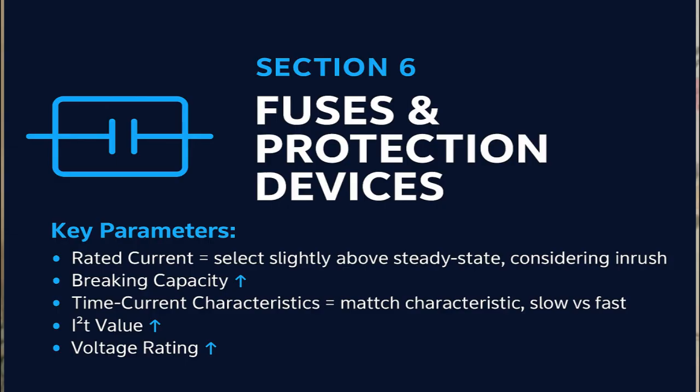As you might have seen in your home or any place where safety matters, when there is a high flow of AC current and instability in voltage or current, fuses definitely play a critical part in safety. The key parameters are rated current, time-current characteristics, voltage rating, and breaking capacity, all equally important. All these parameters should be on the higher side; if you select lower, it is definitely going to be a safety concern across the board, right?